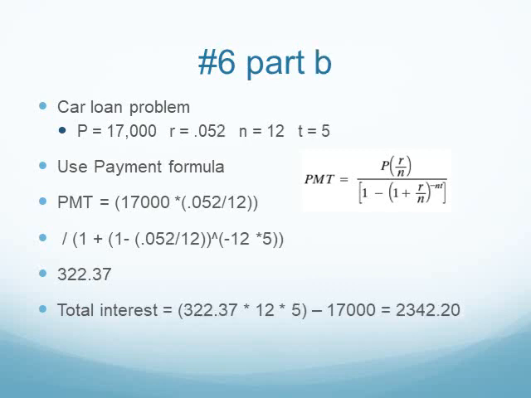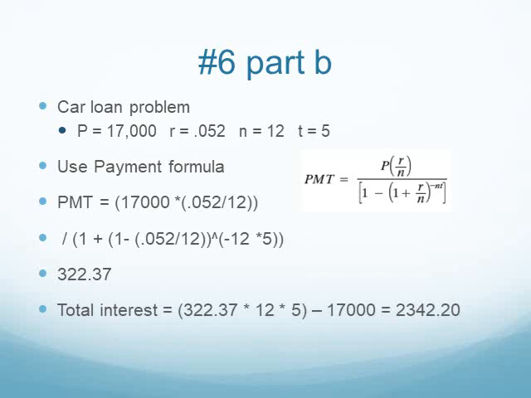All right, next part. What they changed here is the rate. I mean, it's a teensy change. And then the time. Now it's 5 years instead of 3. Okay, so again, I tried to type it exactly how I would put it in the calculator. I would type the numerator, hit equals, then type the division sign so that my calculator would say ANS divided by, and then start all my parentheses for the denominator.